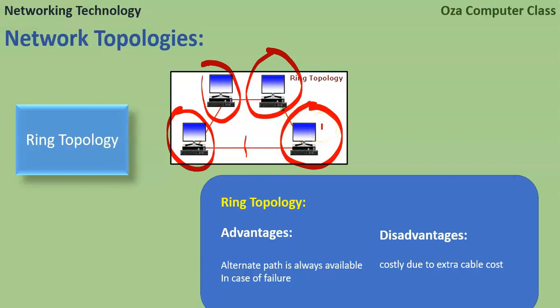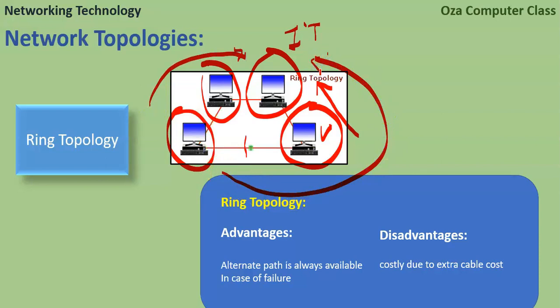But in ring topology, what happens is, if this is my IT department and my servers are placed here, earlier the users from this building were sending the data through this path, right? Because the ring is formed here and the ring is alive. This user has a choice to send the signal either through this path or through this path.